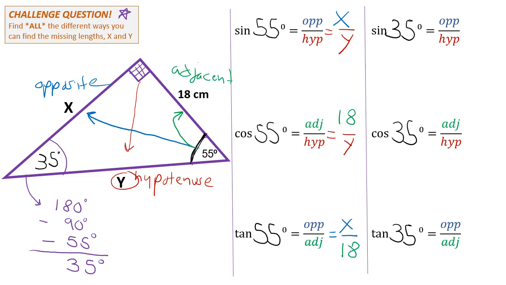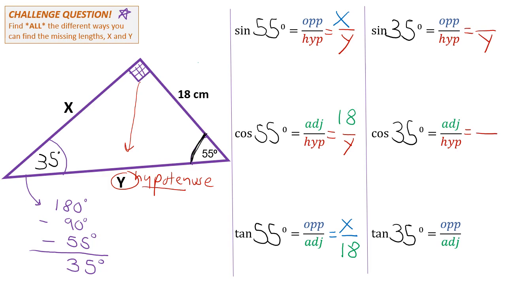All right. So let's do the same thing for that angle of 35. Now I'm going to erase what I wrote because the opposite and adjacent of 35 is going to be different. The hypotenuse is still y though. That hypotenuse is not going to change. So we still have y right there. Let's look. The opposite of 35 is going to be that 18.